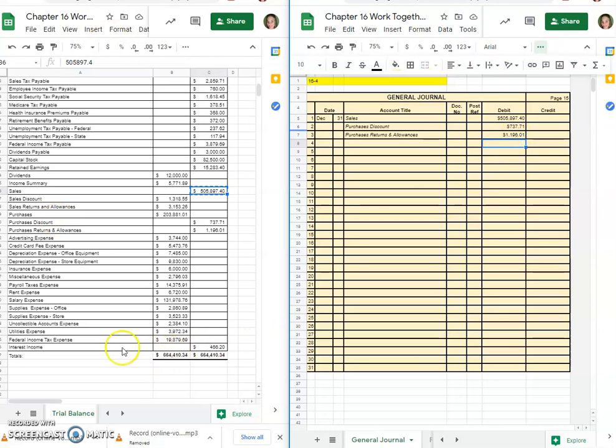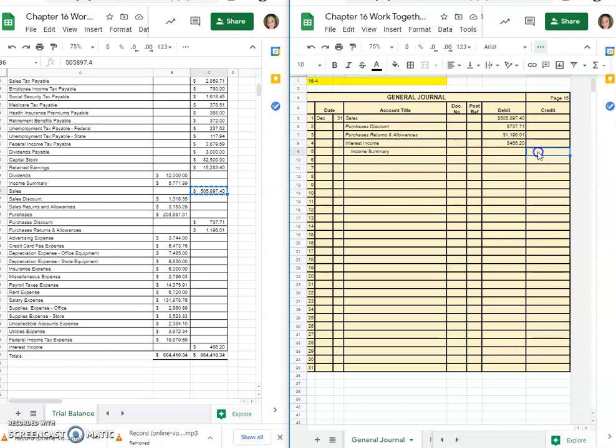And all the way down here, interest income also has a credit balance of $466.20. And all of those will be closed to income summary.